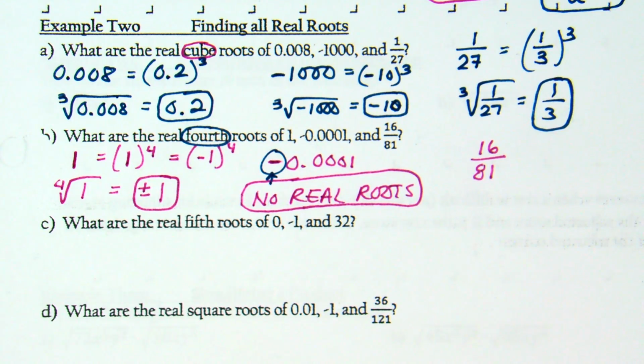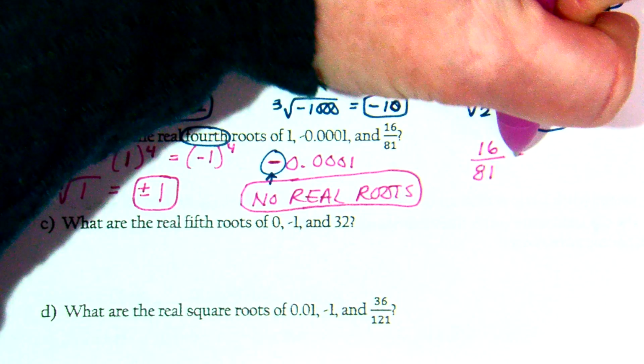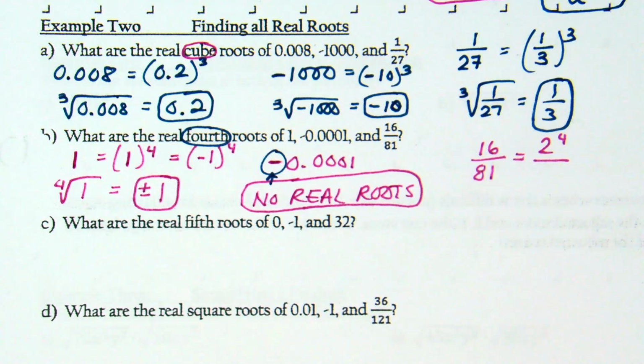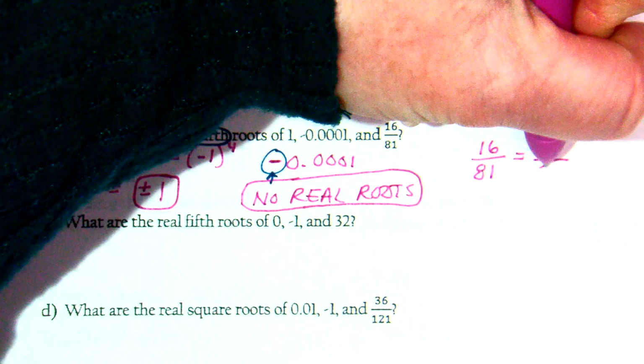Two times 2 is 4, times 2 is 8, times 2 is 16. So we know that 16 is the same thing as 2 to the 4th. 81, what's it take 4 of? 3. 3 times 3 is 9, times 3 is 27, times 3 is 81. So 3 to the 4th.